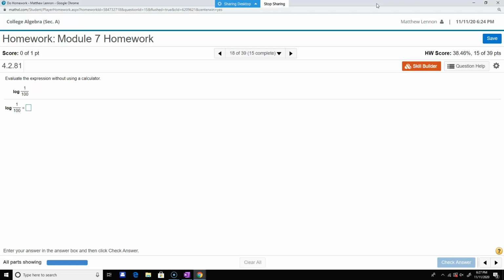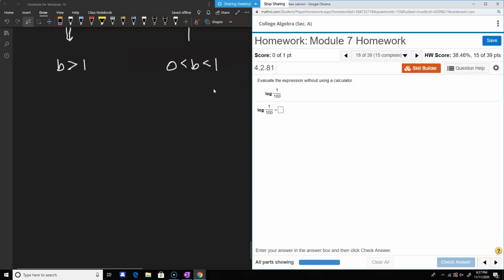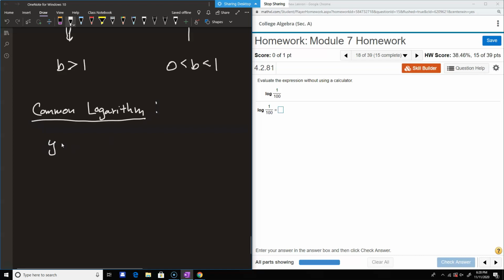So there are two special logarithms that we talk about. The common logarithm, and this is just special notation. If you write y equals log of x, this means y equals the log base 10 of x.